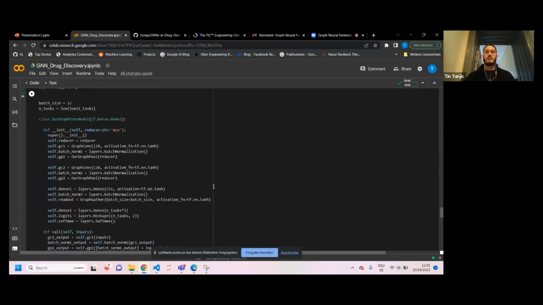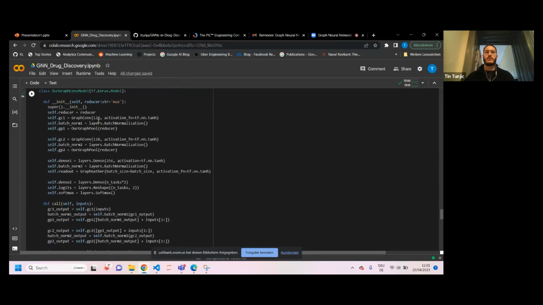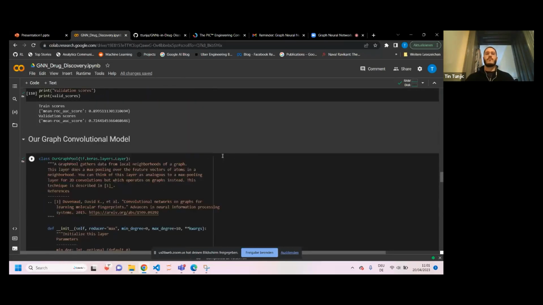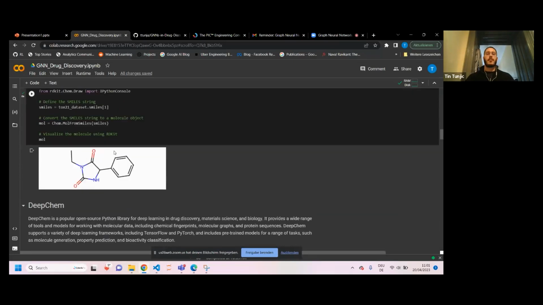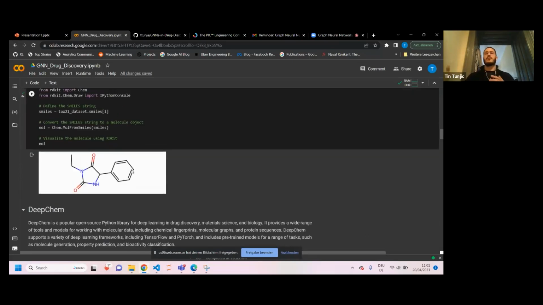Imagine that you have this graph convolution network, and you have a molecule here, right? And let's say you propagate it through space. You translate it, you rotate it, you reflect it, and so on.